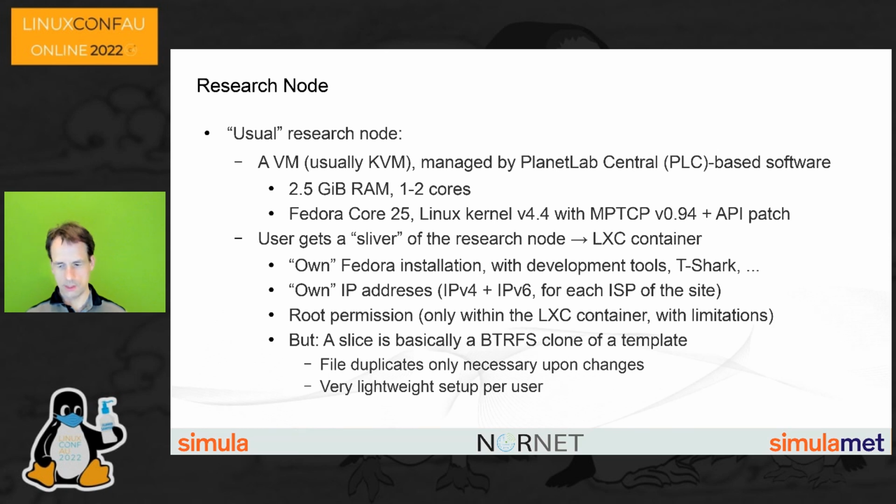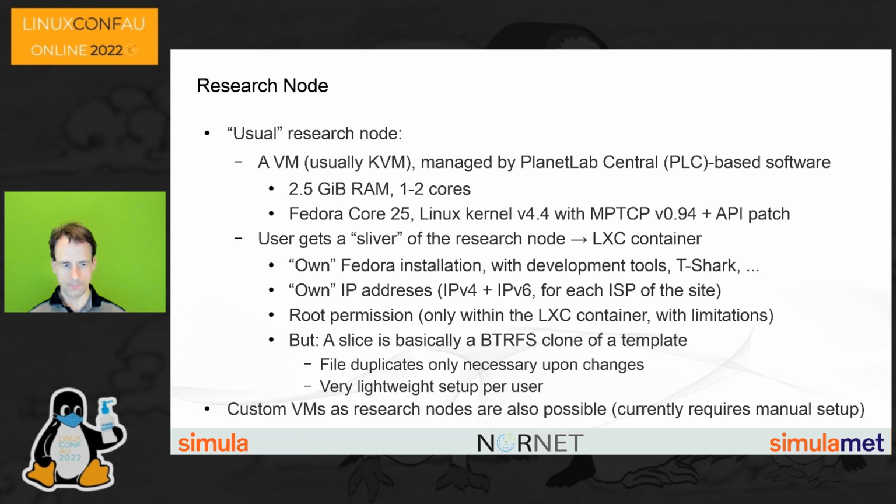Not for each research experiment is it required to install a complete Fedora Core system. It just works like having a base installation on a BTRFS file system, which is then cloned, doing copy on write. So it's quite efficient when it comes to storage space, and since it's using containers, also quite efficient for memory. With just around 2.5 gigabytes of memory, it's possible to host multiple research containers.